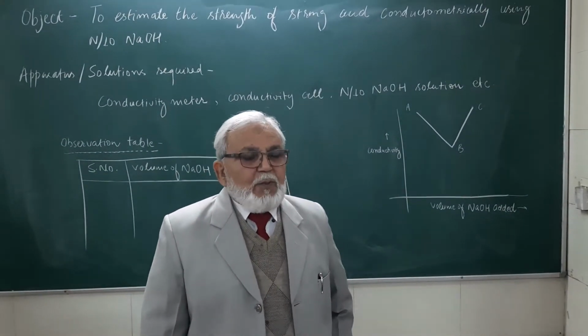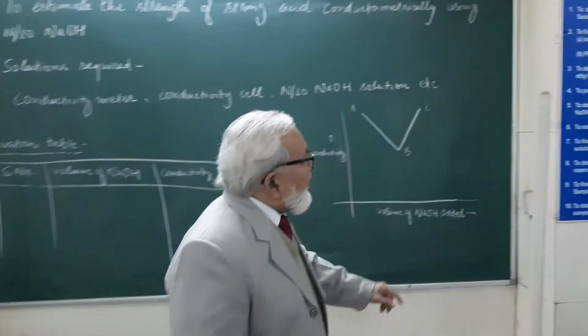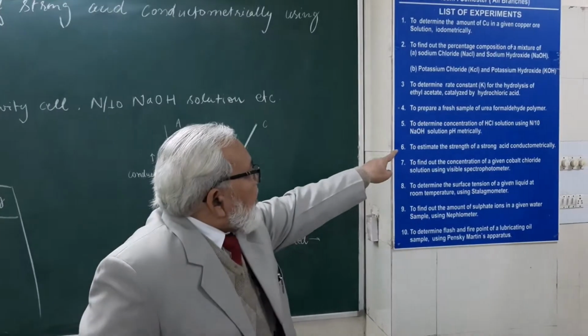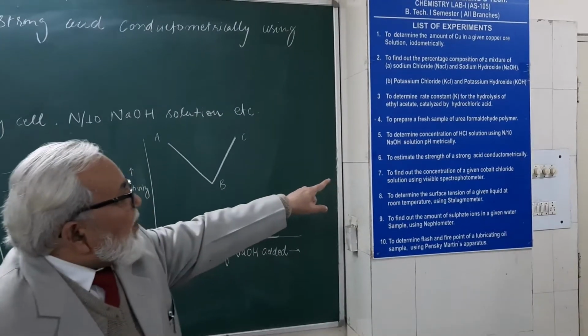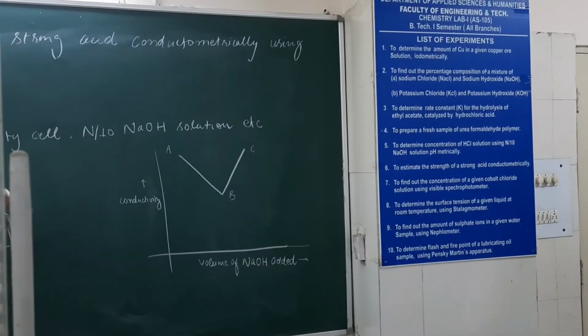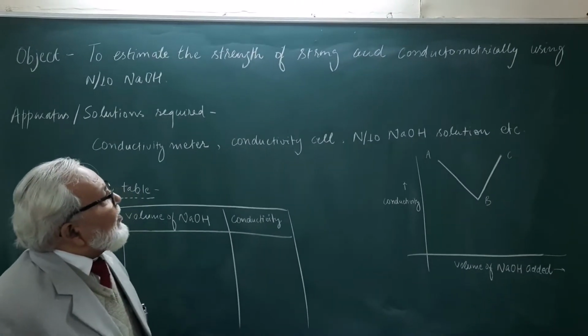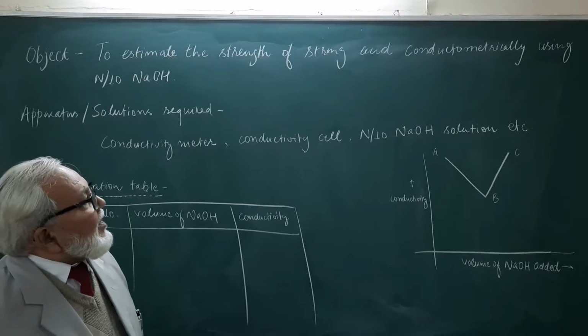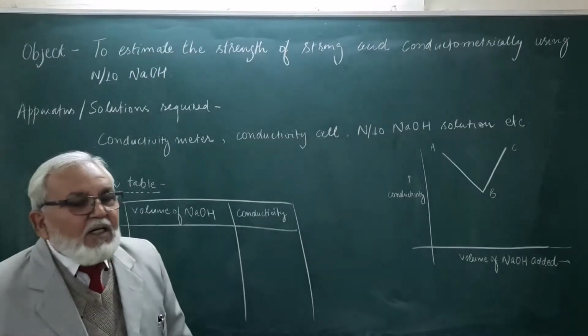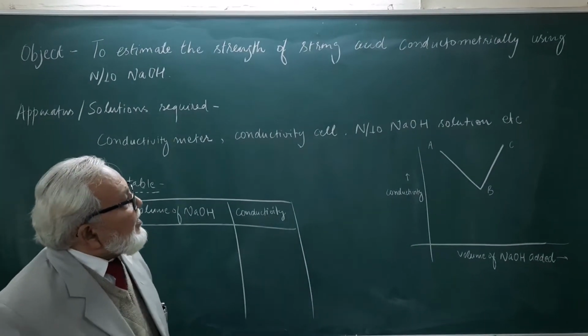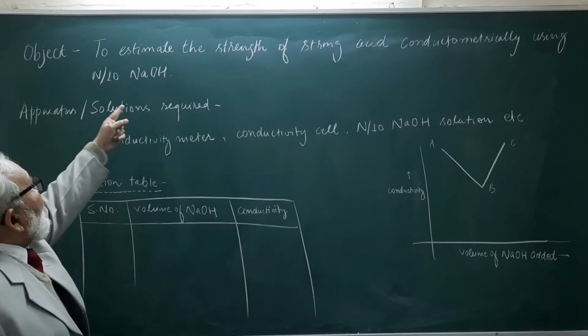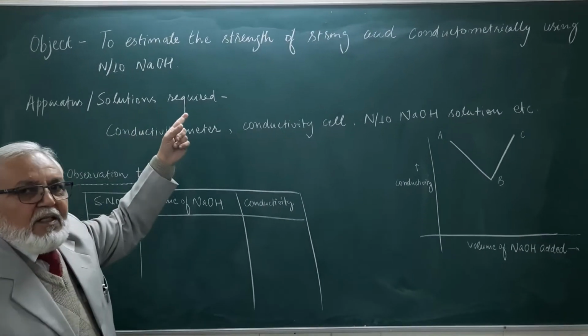Today we are going to perform experiment number 6. In the list, experiment number 6 is to estimate the strength of strong acid conductometrically using N by 10 NaOH.